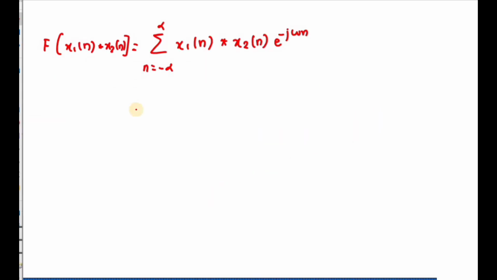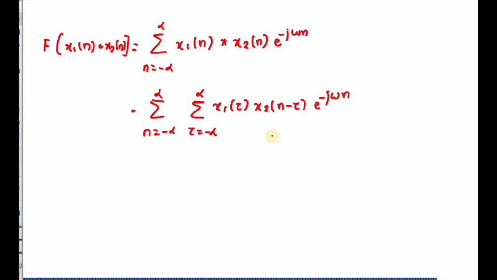So how to write the formula? n is equal to minus infinity to infinity. The formula for convolution I can write as the summation over tau from minus infinity to infinity of x1 of tau h of n minus tau. So this is the formula for convolution, into e power minus j omega n.